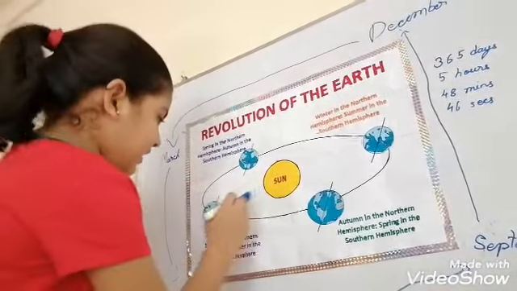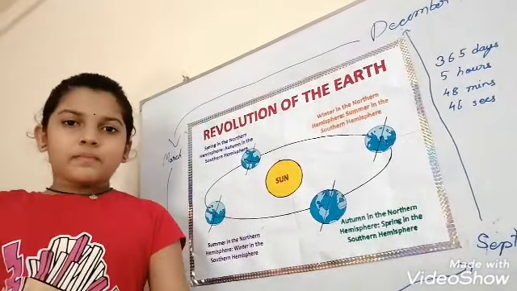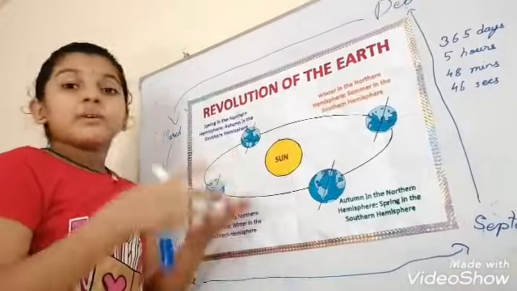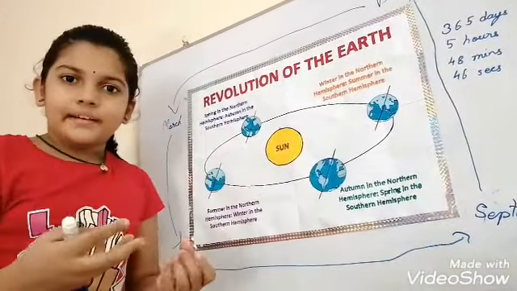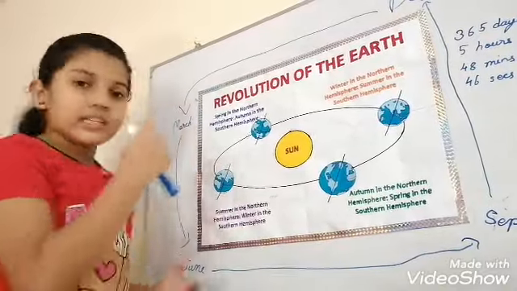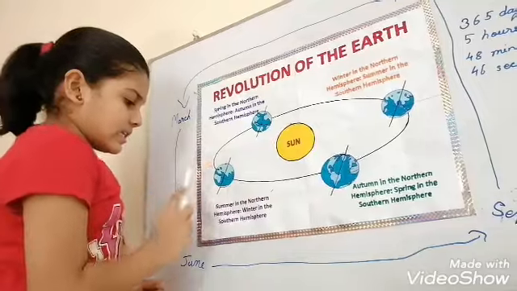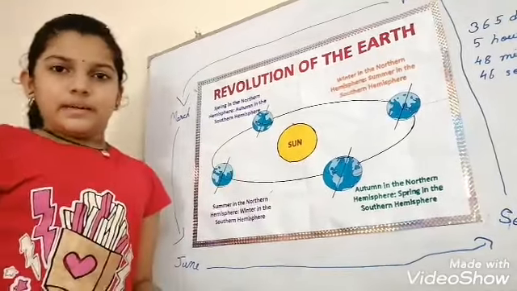The southern hemisphere is tilted away from the sun, so it gets less sunlight than the northern hemisphere. That's why summer is in the northern hemisphere and winter is in the southern hemisphere.